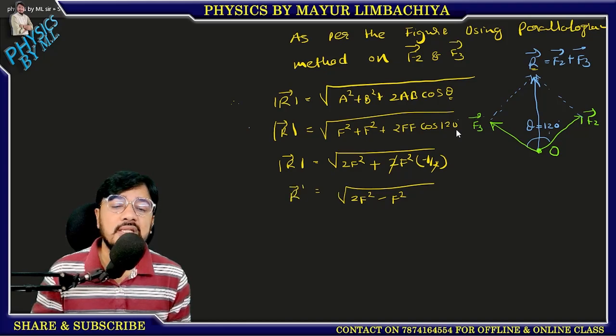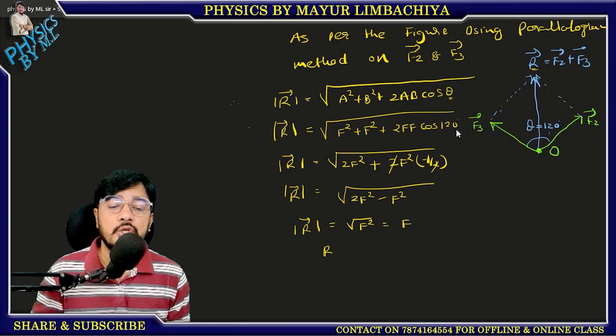So under root of f square is f. Dear students, your resultant vector will be f, and this is the magnitude.